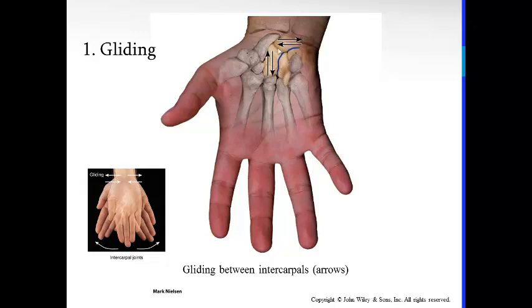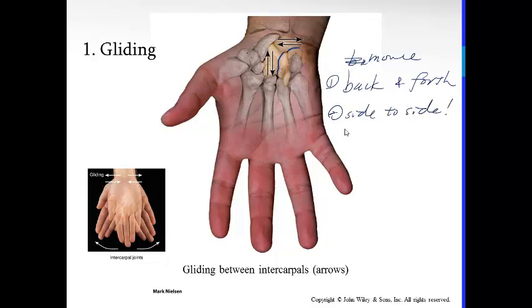These are regions where you can move back and forth or side to side, but there is no change in the angles of the bones. So if you were to move this way, that also counts as gliding.